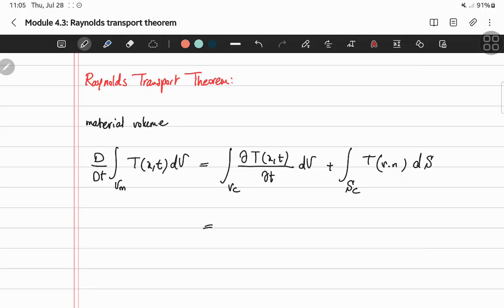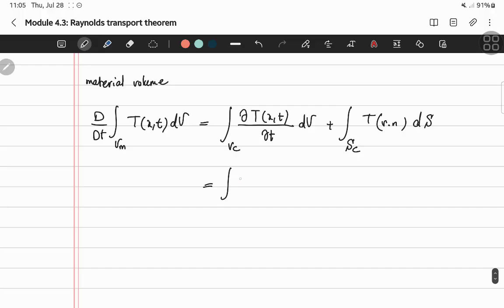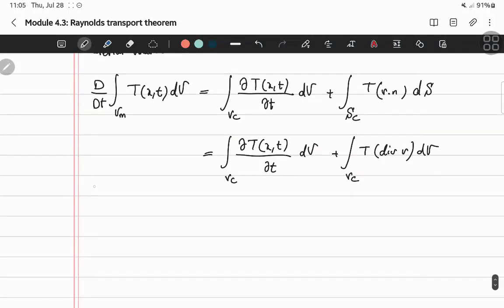This can also be written as the integral of the partial derivative of T(x,t) with respect to t dV over Vc plus the integral of T divergence of v dV over Vc. And we will show this using, if you remember, the material derivative of some function.